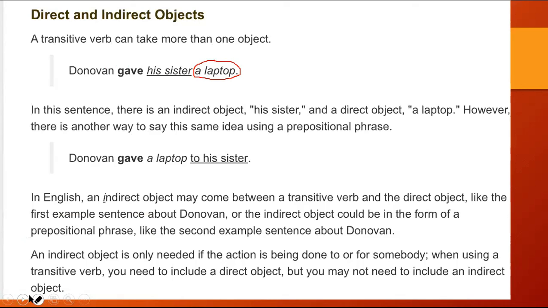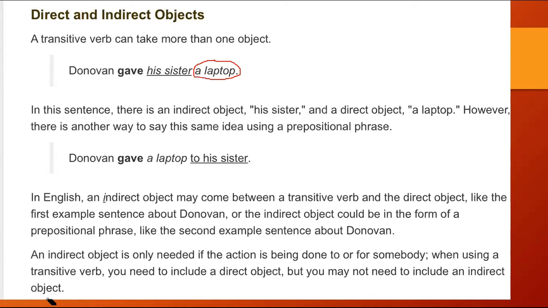His sister. So we can also have an indirect object. The direct object answers what Donovan gave: a laptop. To find the indirect object, ask to whom Donovan gave a laptop. To whom? His sister. Exactly.